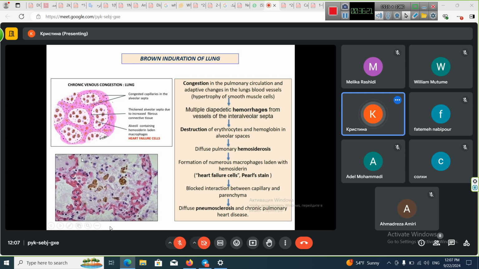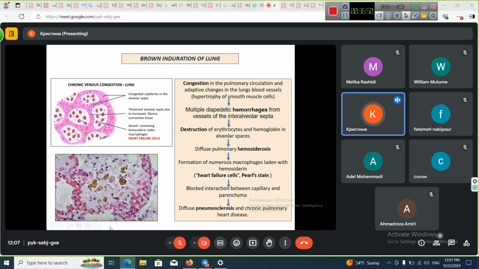So here in this picture you see the histological preparation. This is the wall of alveolus, alveolar wall. This is the space of one alveolus here, space of another alveolus here, space of another alveolus here, etc. You remember that normally there should be nothing inside the alveolus.